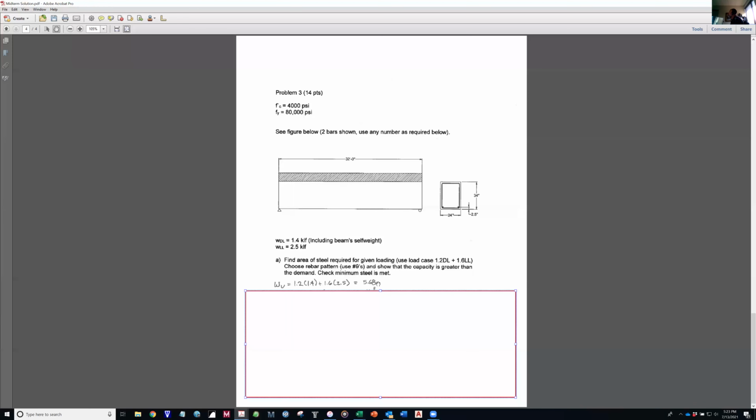And this number is kips per lineal foot. This is a distributed load. Then you have to take that factored distributed load and calculate a factored moment. Factored moment for a simply supported beam with a uniform load is wL squared over 8.